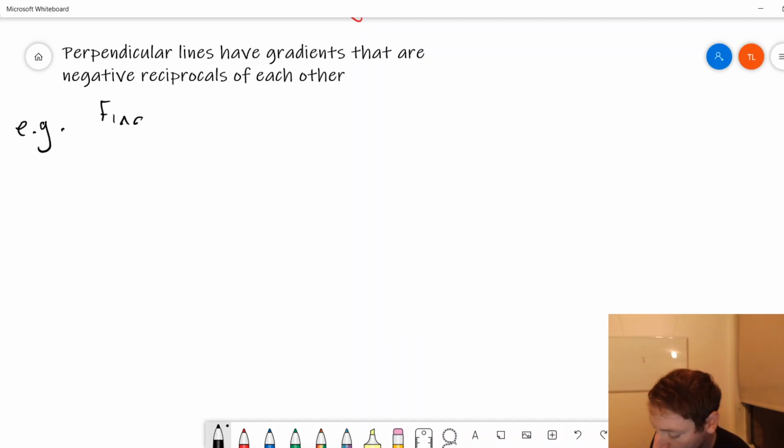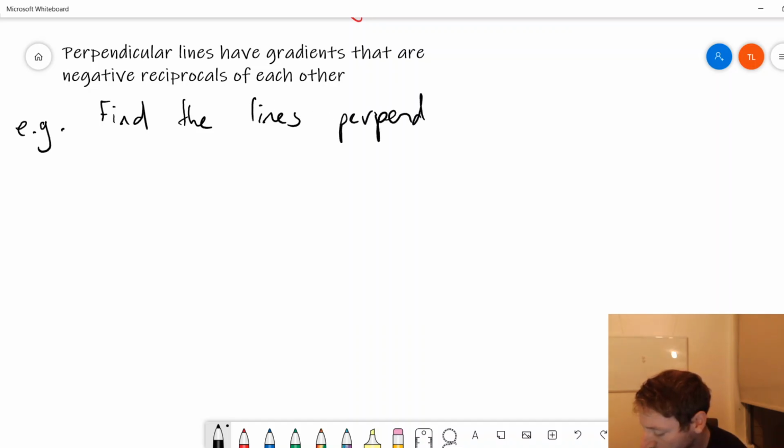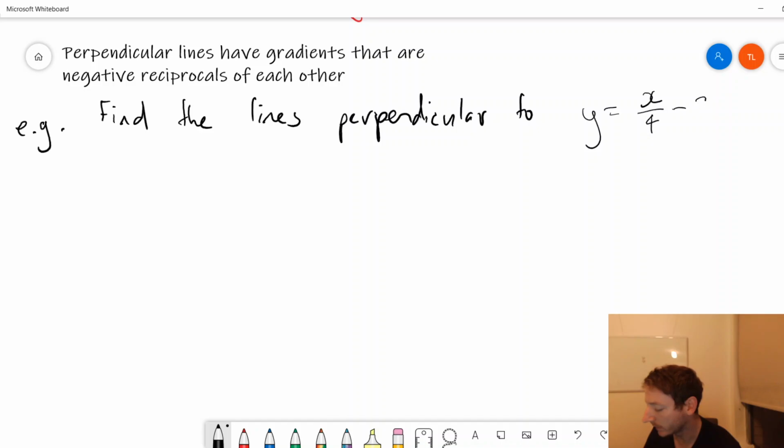Find the lines perpendicular to y equals x over 4 minus 3. Alright.